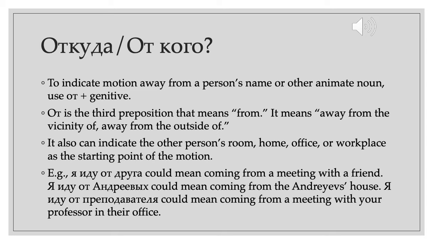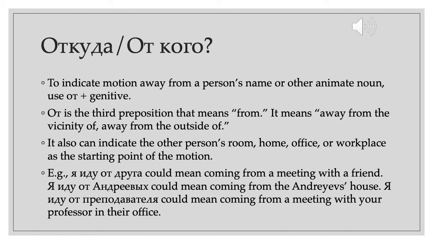You can also use от in reference to buildings or enclosed spaces if you were standing outside of them and moving away from them. But we always use it with people to describe leaving someone's place or leaving someone's presence, or to receive something from someone because you were standing next to them or nearby and then you moved away from their presence.